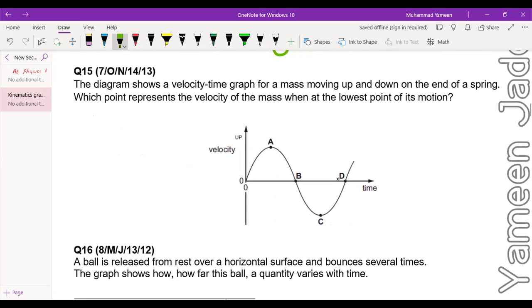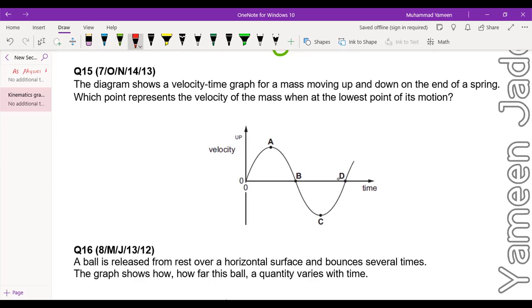Question 15. The diagram shows a velocity time graph for a mass moving up and down on the end of a spring. Which point represents the velocity of the mass when at the lowest point of the motion? Velocity at the lowest point of the motion.